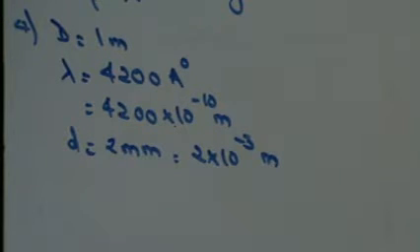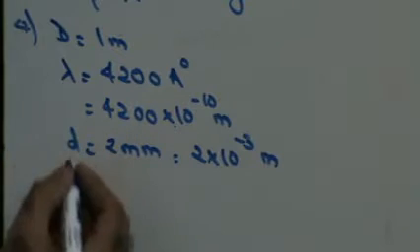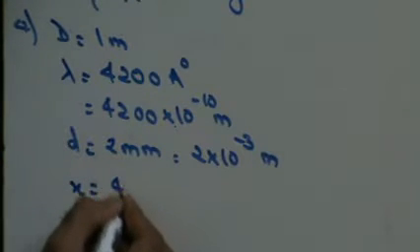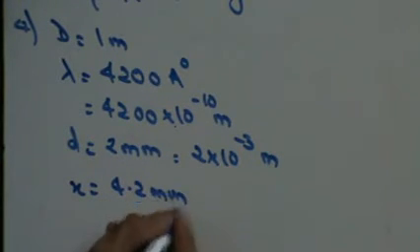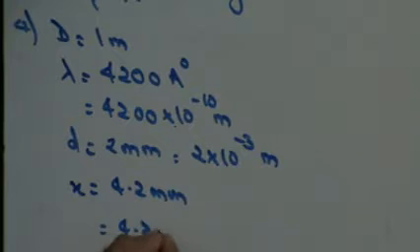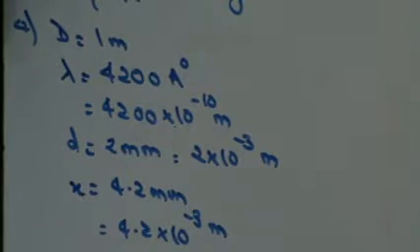A point P is situated at a distance of 4.2 millimeters from the center. Is the point right or down?